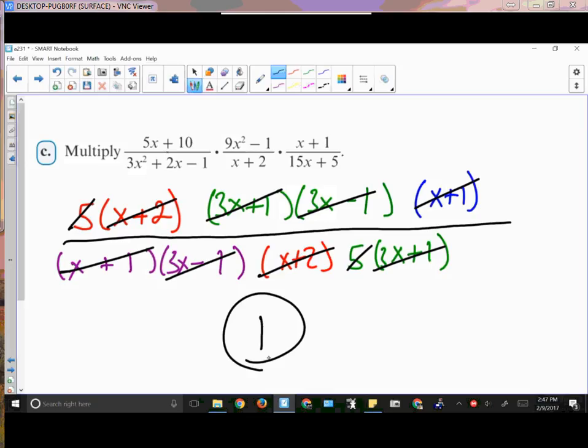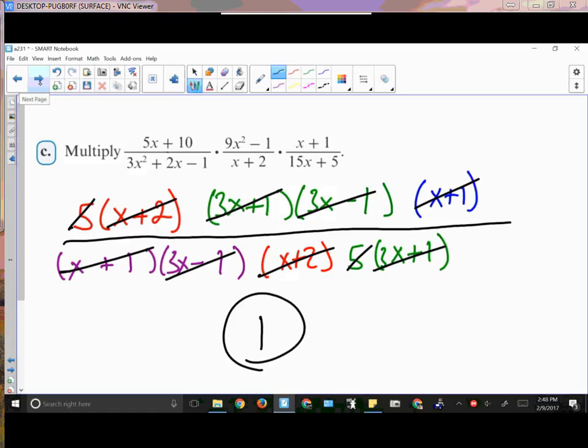That simplified all the way down to 1. Perfectly legal. Multiplied everything out, it just canceled itself right down to 1. Now, would you have ever thought that that mess would simplify to 1? No. But you have to make sure that you go and factor it all out and then cancel.